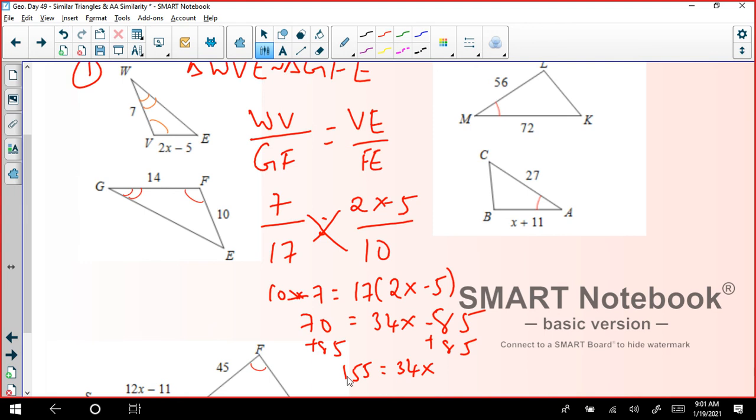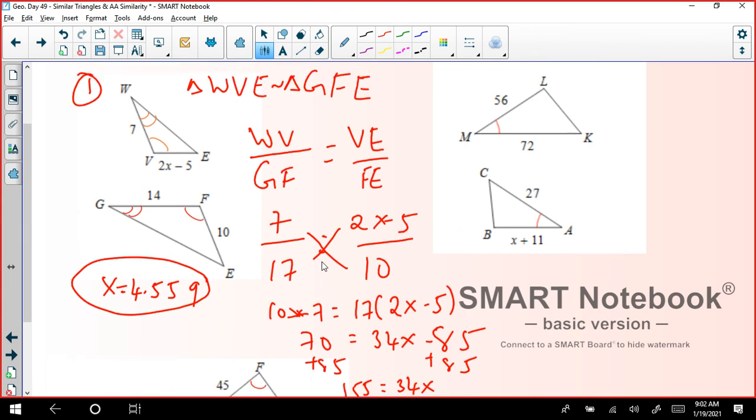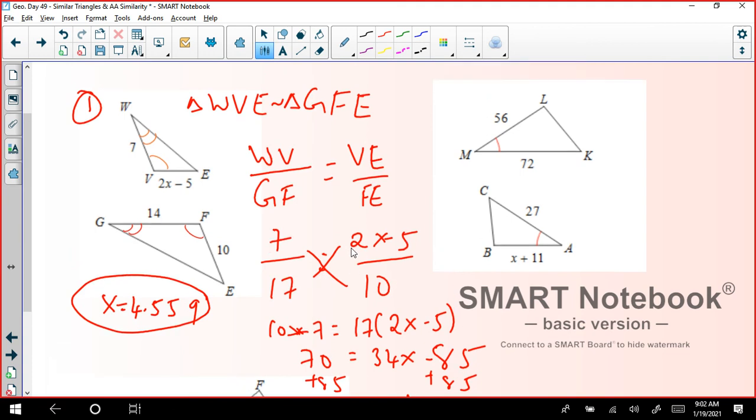Dividing by 34 on both sides, I'll have x equals 4.559. So x equals 4.559. That will be our final answer. Okay. Next, let's check this one.